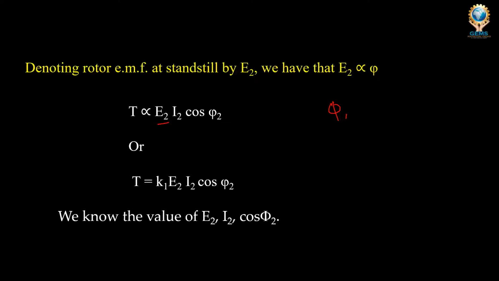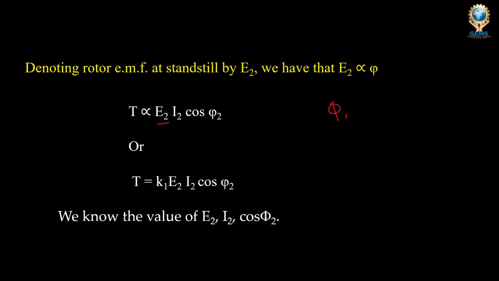Okay, why did I mention E2? Because at standstill E2 is directly proportional to flux. So we can put E2 in the place of phi. So we can write torque directly proportional to E2 I2 cos phi 2.